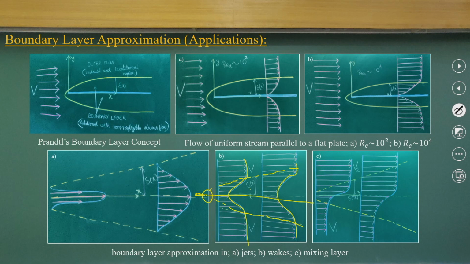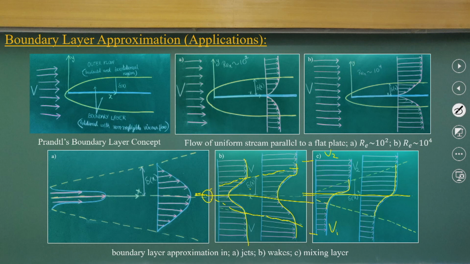Not only that, if two velocity fields are mixing, one moving with velocity v2 and another with velocity v1, with an interface layer between them, and v2 is greater than v1, then because these two velocity zones are mixing you will have a symmetric distribution.